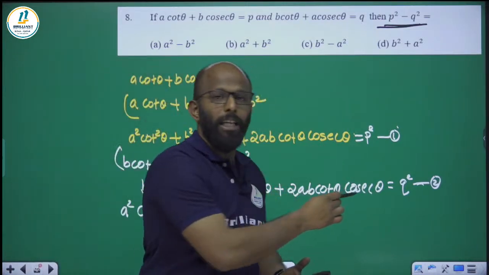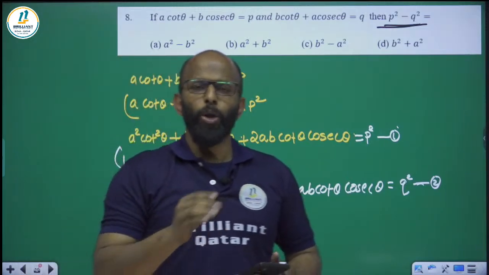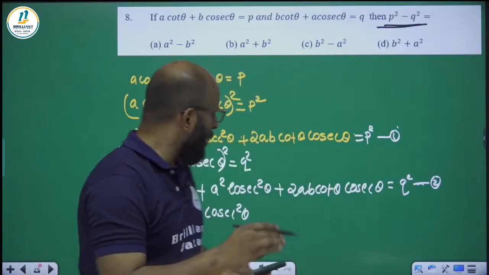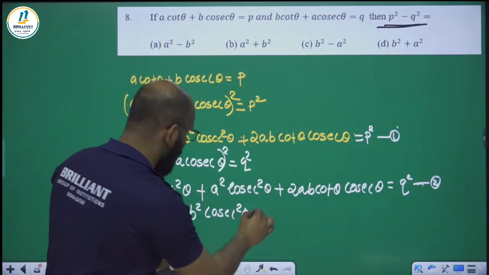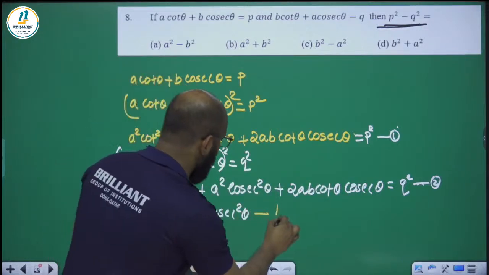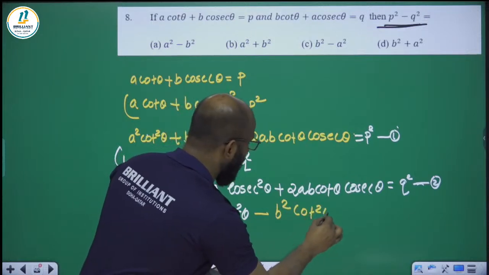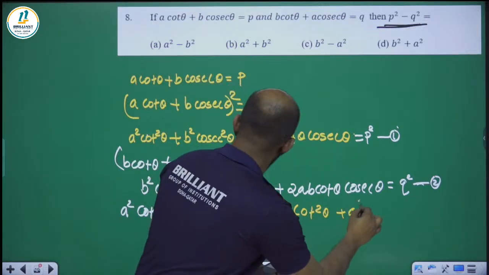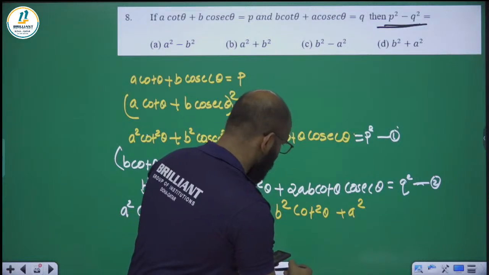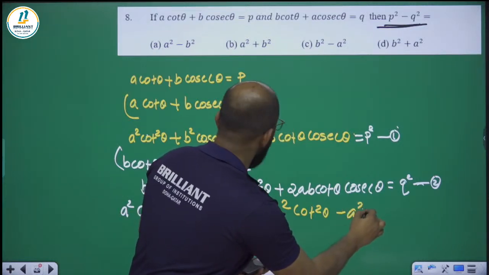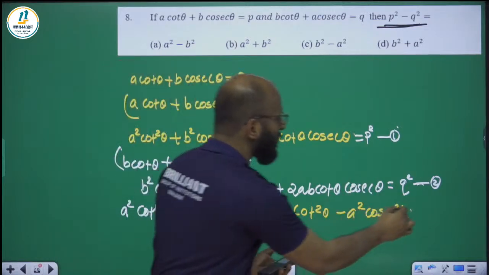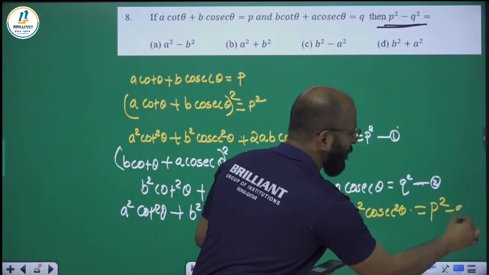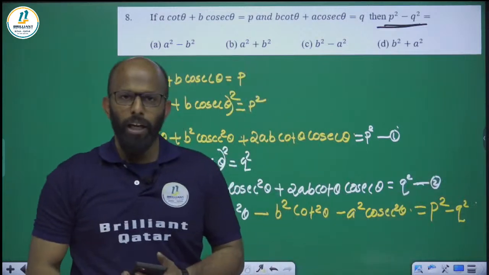Here also positive 2AB cot theta cosec theta. So we can cancel that one, right? Then the remaining one will be, minus B square cot square theta minus A square cosec square theta, is equal to the required one, P square minus Q square.